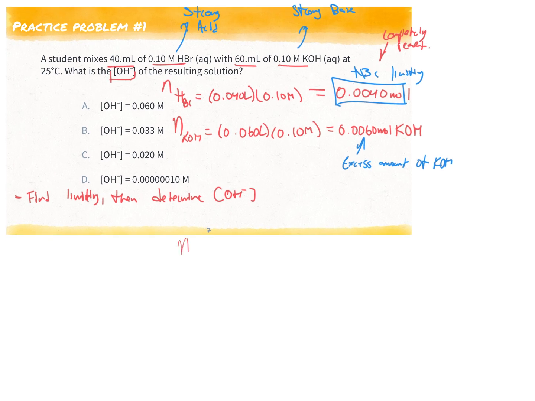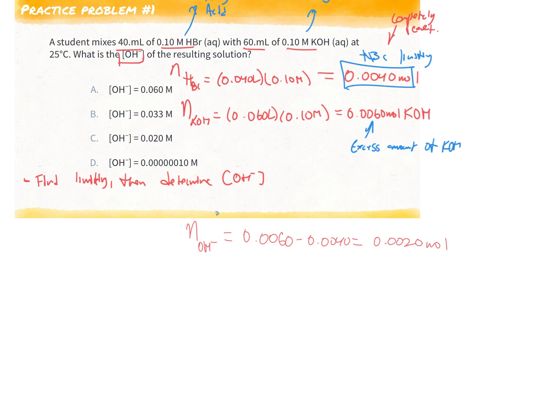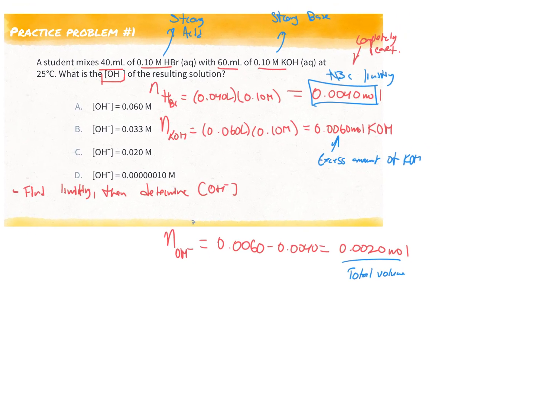And so the number of moles of OH minus is just going to be 0.0060 minus 0.0040. And we get 0.0020 moles. Finally, if we want to find the concentration, we just divide this by the total volume, because this is how much the concentration of OH minus that's left over.